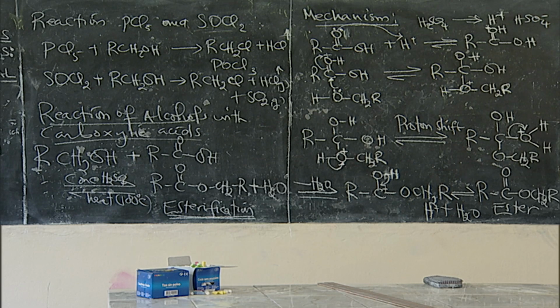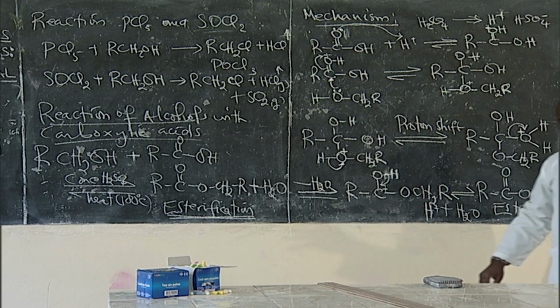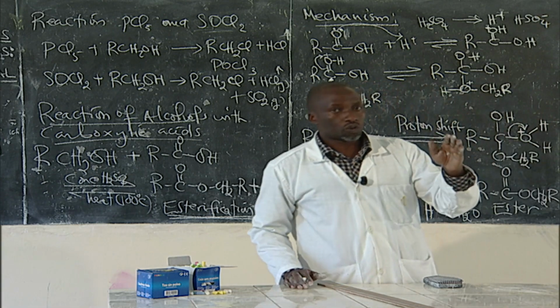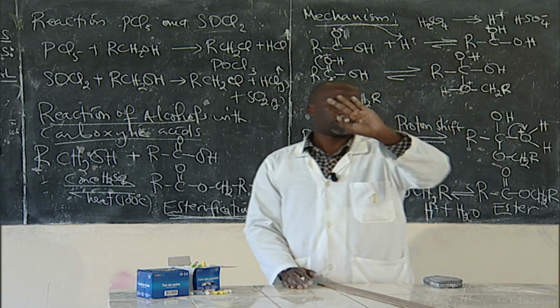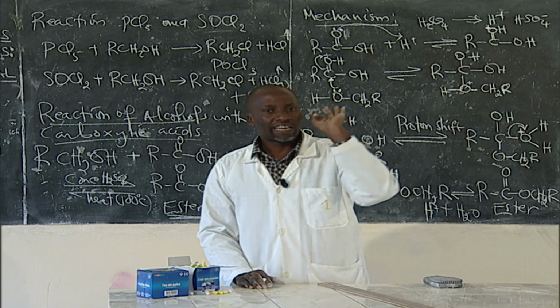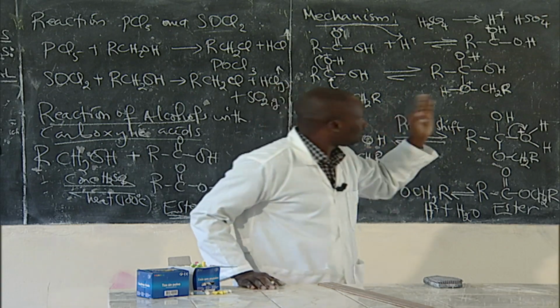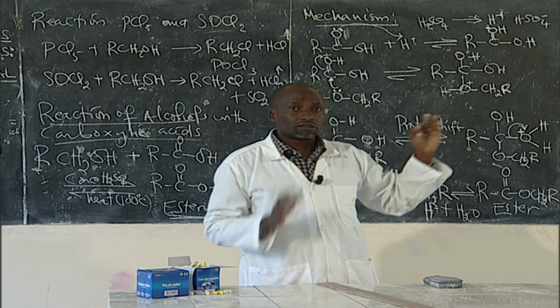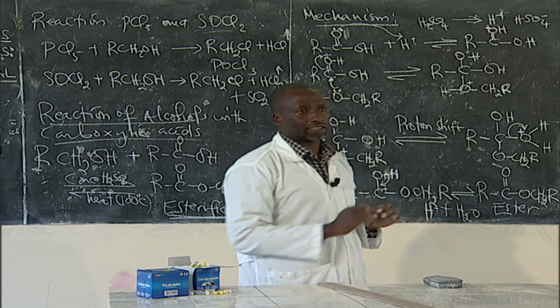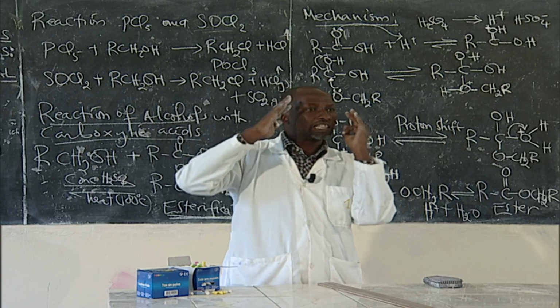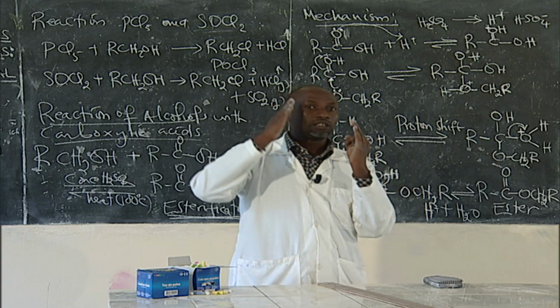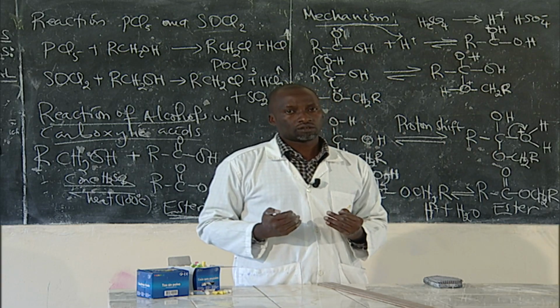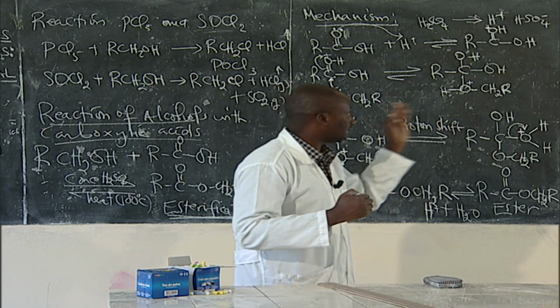Concentrated sulfuric acid reacts with alcohols under three conditions. So that means this reaction is divided into three parts. We are going to look at the first part, the second part, depending on the conditions for the concentrated sulfuric acid with the alcohols.